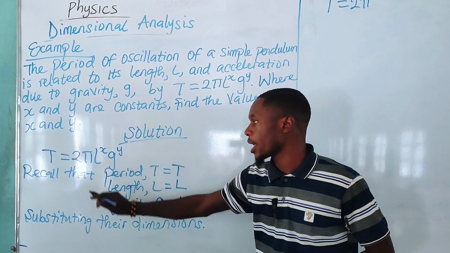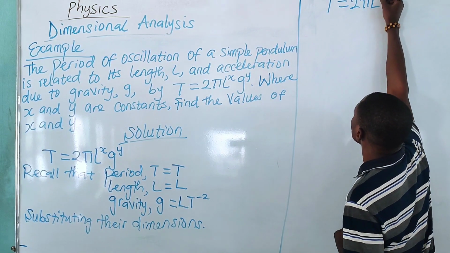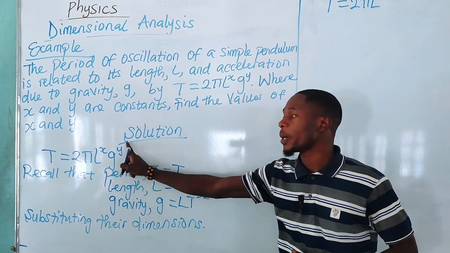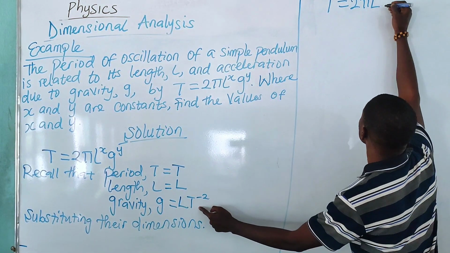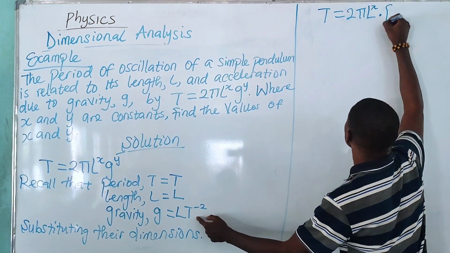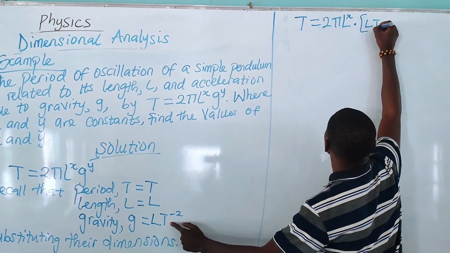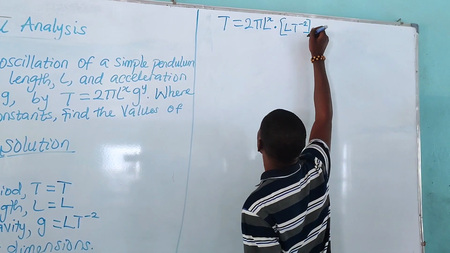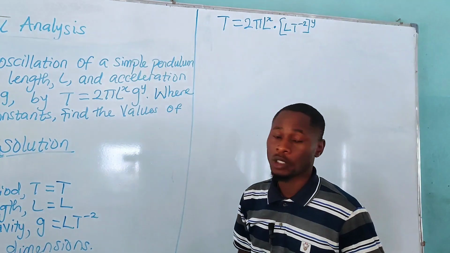Now the dimension of L is also capital L, so write capital L^x, and g raised to power y, and the dimension of g is LT^-2. This represents multiplication, so we have times g, which is (LT^-2), then to the power y. That is what we have.